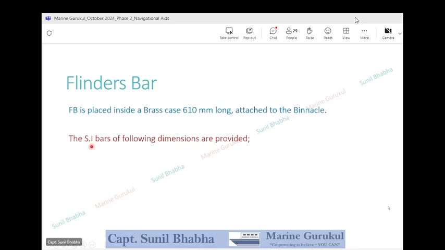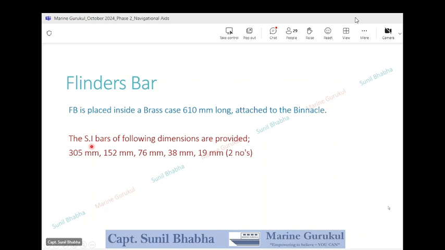The soft iron bars which are put into this casing are provided in pieces. It is not that they provide us with a single length Flinders bar which is 610 millimeters long. What is provided is that they break up the 610 millimeters into small parts so that the compass adjuster can use the required length of the Flinders bar.